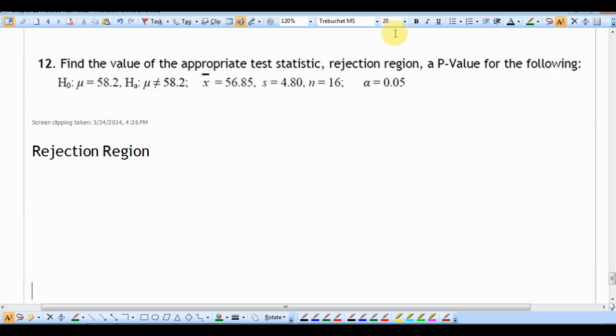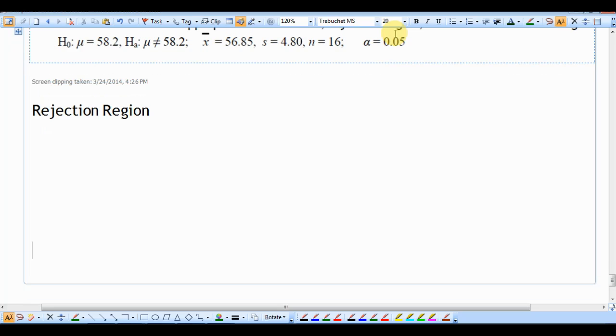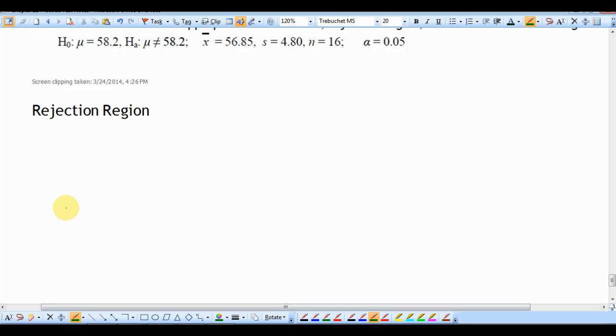T or Z? T. Really good point. As soon as you see the letter S, it's T. That's a T interval, right? Yep. So let's make our curve.